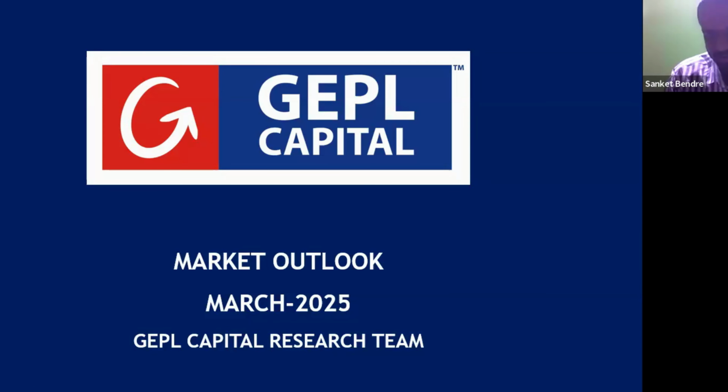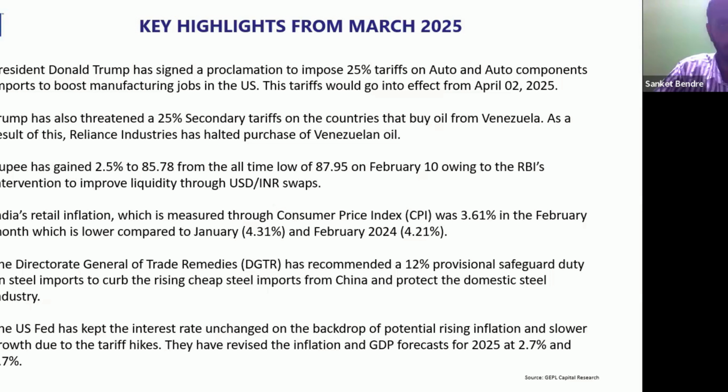Moving forward, I would like to start with the highlights that happened in the month of March. First of all, as of today, President Donald Trump has signed a proclamation to impose a 25% tariff on auto and auto components in order to boost manufacturing jobs within the US. These tariffs will go into effect from April 2nd, 2025.